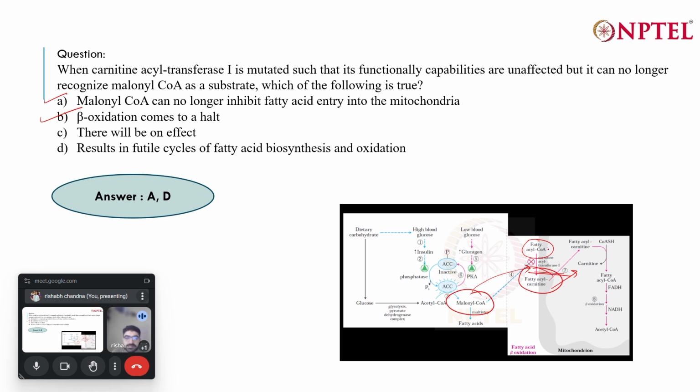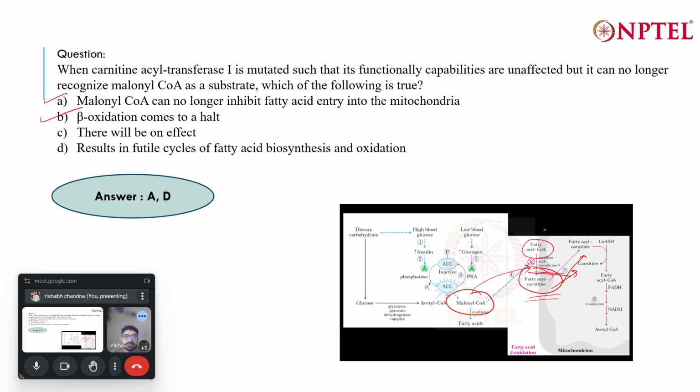So fatty acid will be converted to fatty acyl carnitine and transported to the mitochondria. So it will not be able to inhibit fatty acid oxidation, and this leads to fatty acid oxidation and biosynthesis being unregulated.